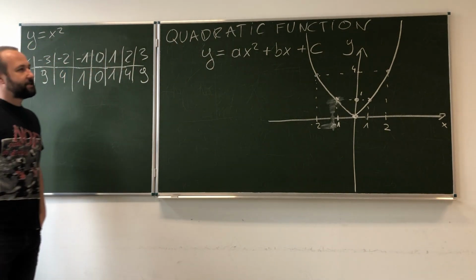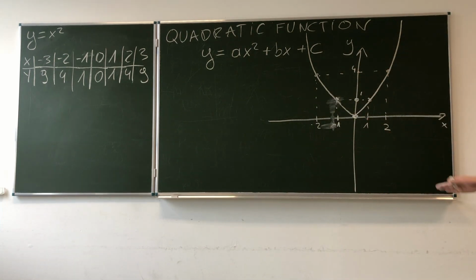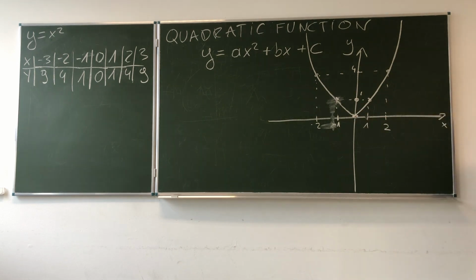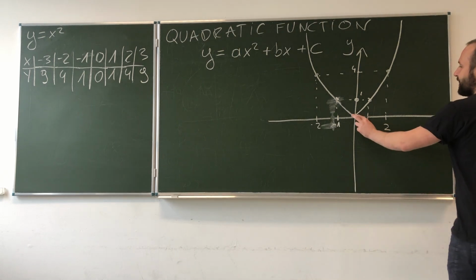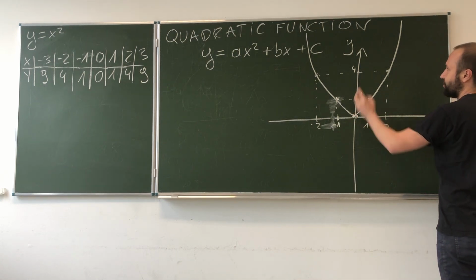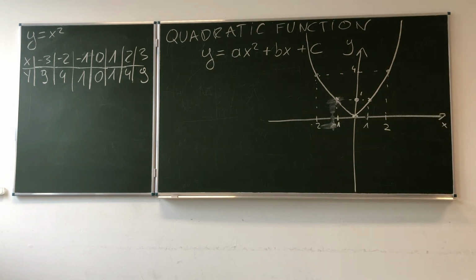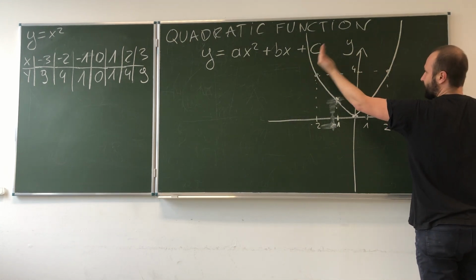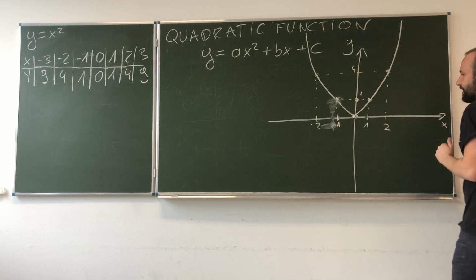Right away we can see a couple of features of this function. We clearly see the symmetry, right? The bottom tip of the parabola, which we will call the vertex, is a point through which, if we draw a perfectly vertical line, it will serve as a mirror, and both ends of the parabola will be mirror reflections.